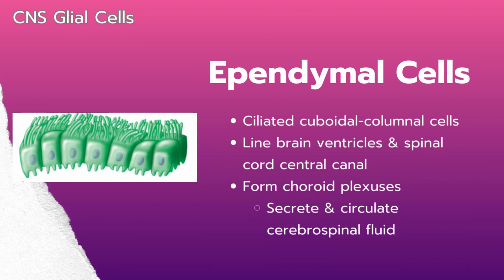The second CNS glial cell is the ependymal cell. These ciliated, cuboidal to columnar cells line brain cavities called ventricles and the spinal cord central canal. They form choroid plexuses, which have the very important job of secreting and circulating cerebrospinal fluid.